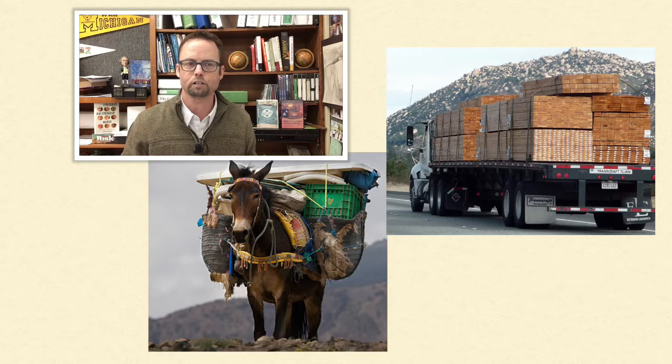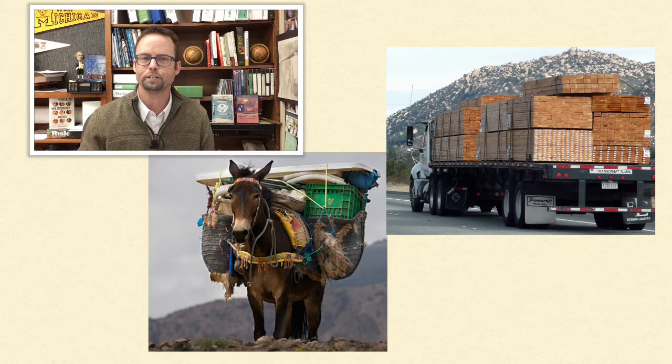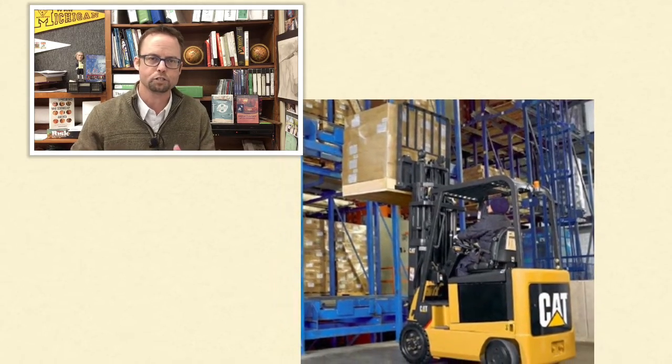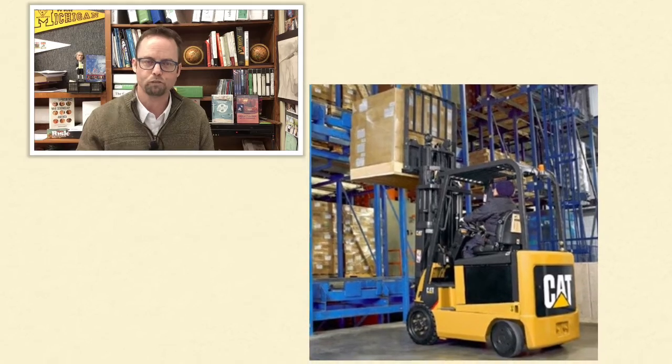A transport worker can haul much more with a truck or a train than they can with a mule and a wagon. A person working at stocking and storing things can do much more with a forklift than if they just use their bare hands.